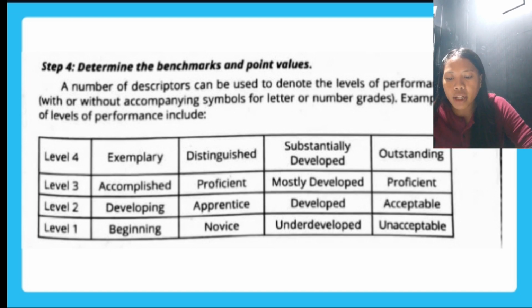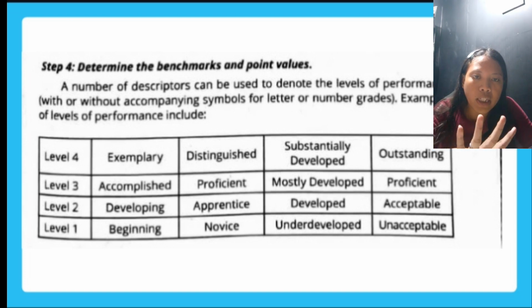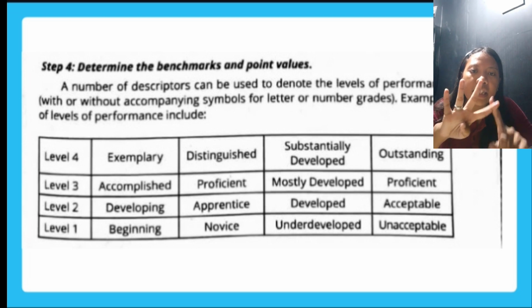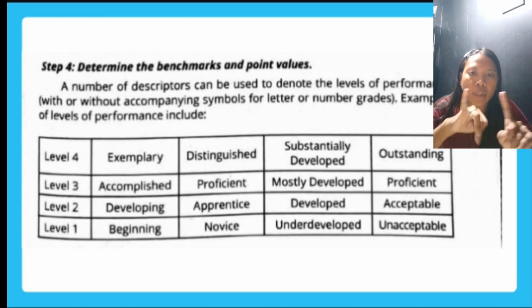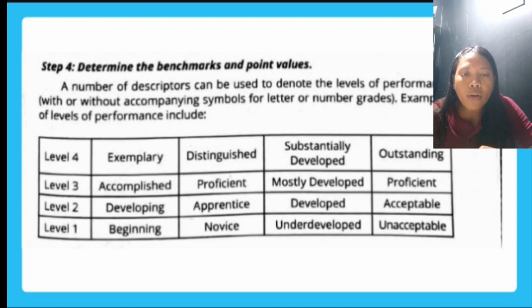So we have the table and it has 4 levels. The highest is the level 4 and the lowest is the level 1. And on the right side, those are the common labels. So first, we are going to start with the lowest level.